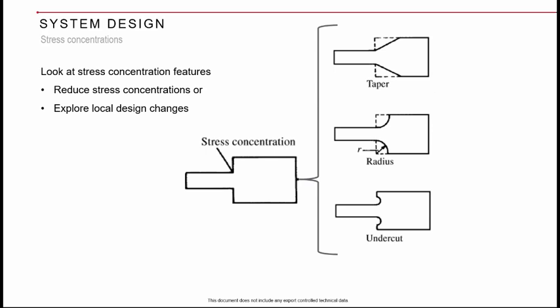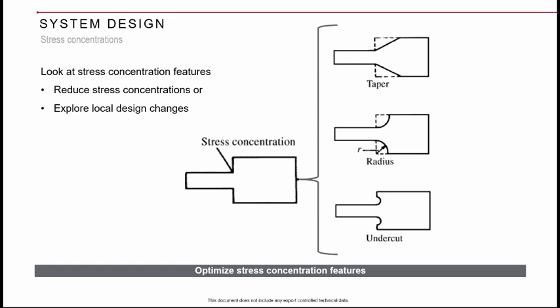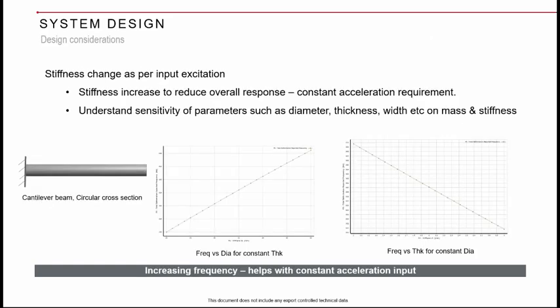Now a few examples about the harmonic thing I mentioned earlier. Stiffness change as per input excitation. In this particular case, what I was saying is a constant acceleration requirement, when you increase the stiffness so that your input excitation itself will reduce.